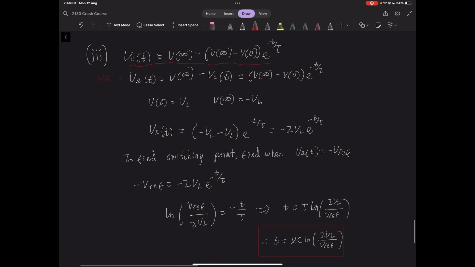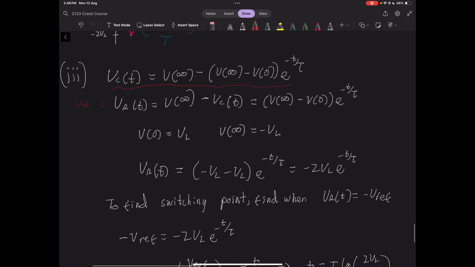And then that means that we can rewrite VR as this formula over here. Again, just taking VCT over here and subtracting it from V final. So we're just subbing this into this equation here.